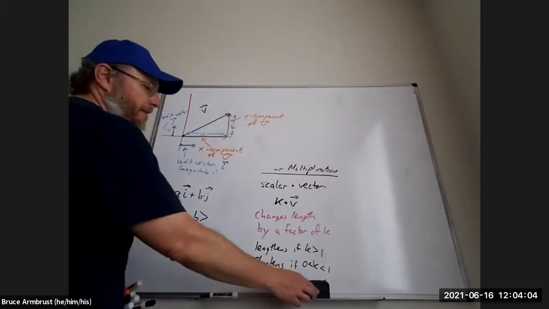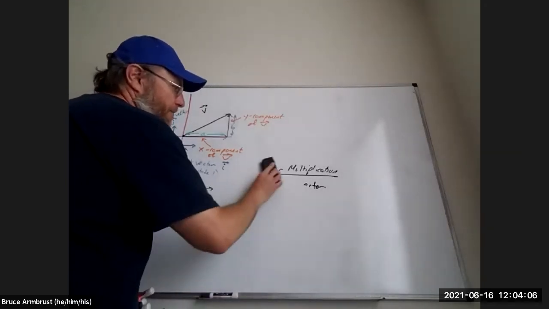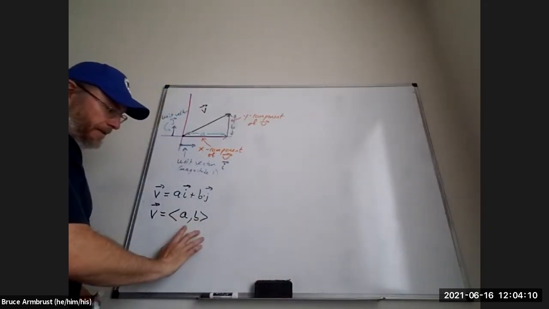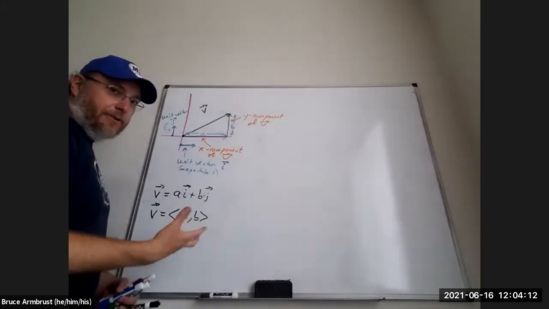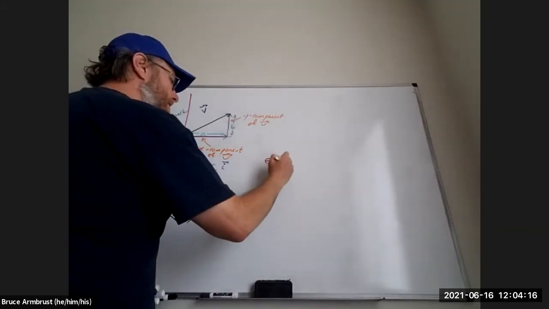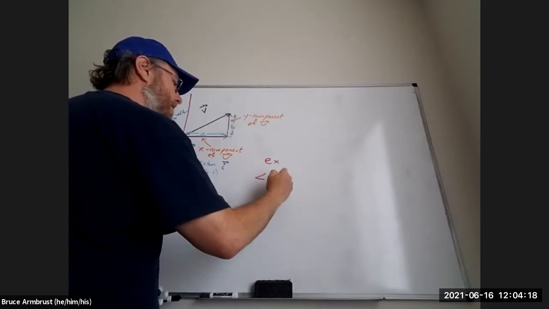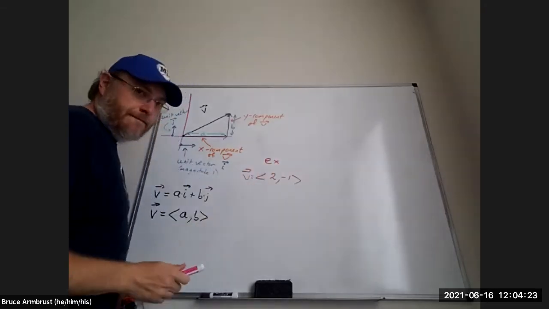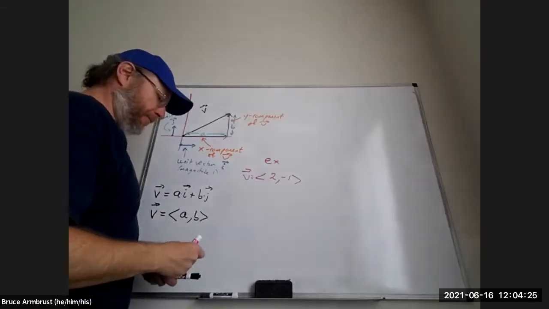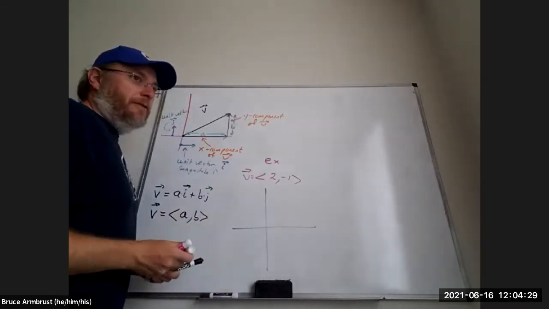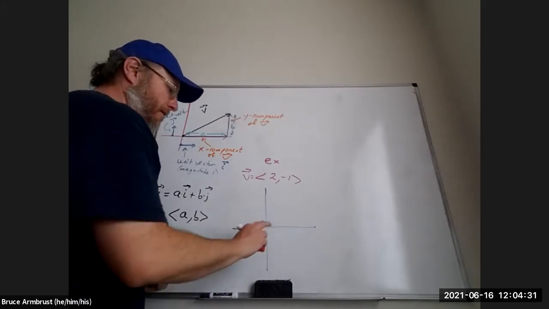All right, so here's how this plays out. If I were to give you one in the component form, here's how easy it would be to draw it, right? So for example, let's say we've got the vector <2, -1>. Here's all you got to do to draw it. We've got our axes. Go find the point (2, -1).